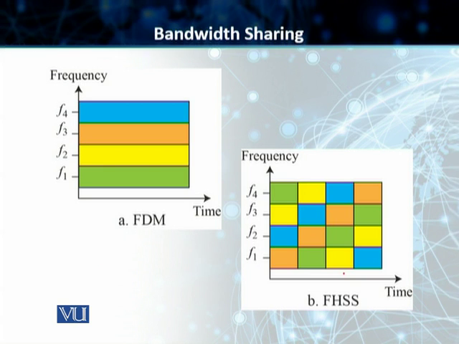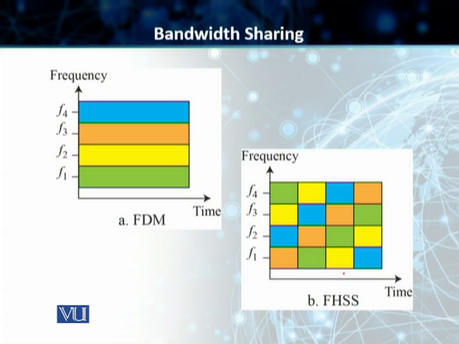But in the case of frequency hopping spread spectrum, as I told you, a station uses just one frequency in each hopping period, and M different stations can use the same spread spectrum bandwidth if we use an appropriate modulation technique, which is FSK or MFSK, multi-level FSK, and so FHSS is pretty similar to FDM when we talk about this concept of bandwidth sharing.